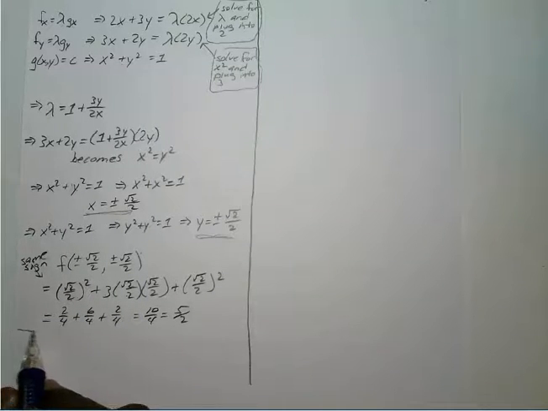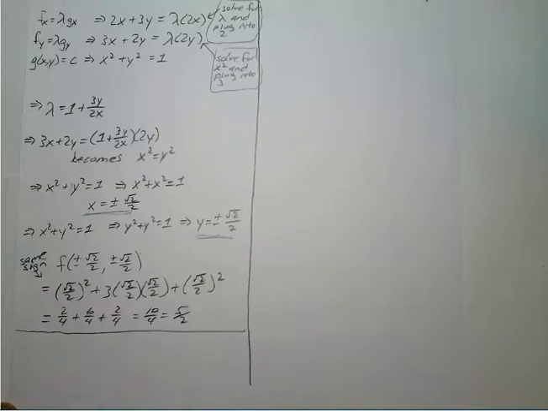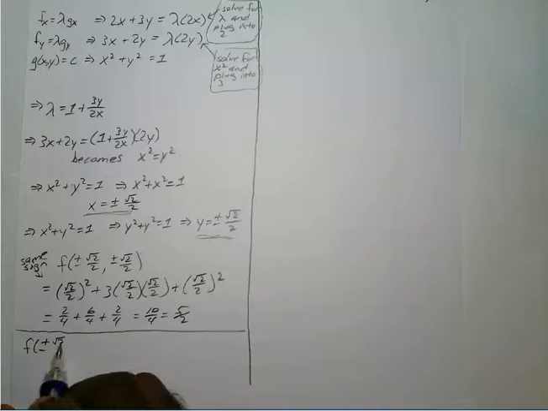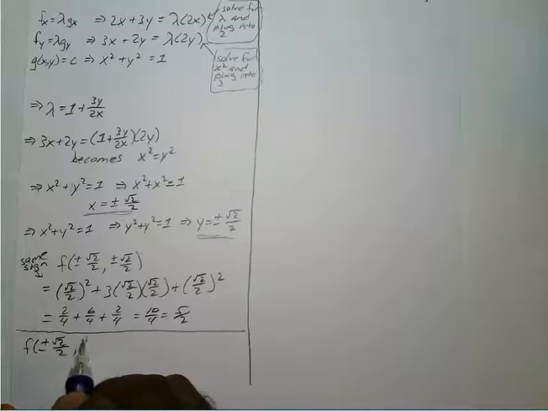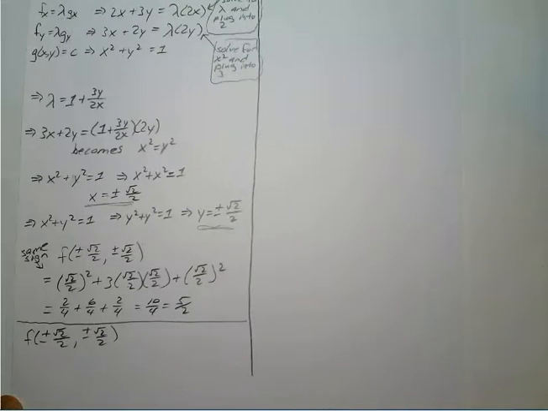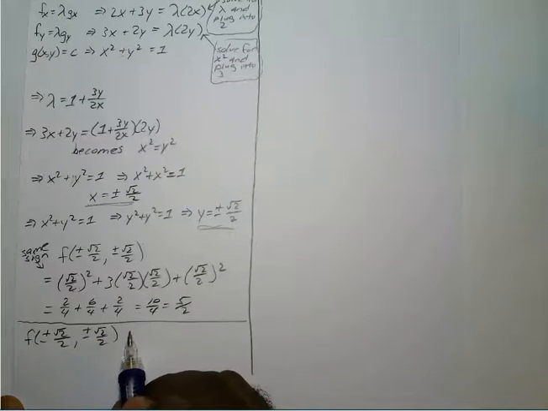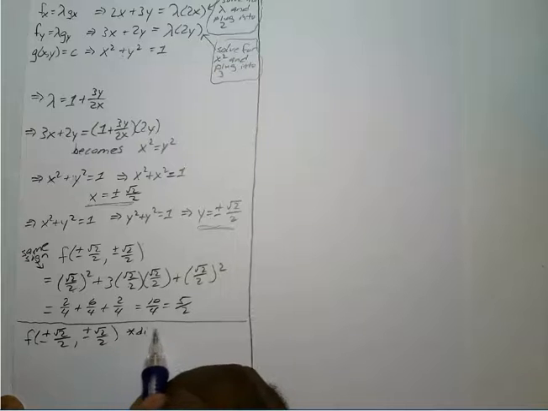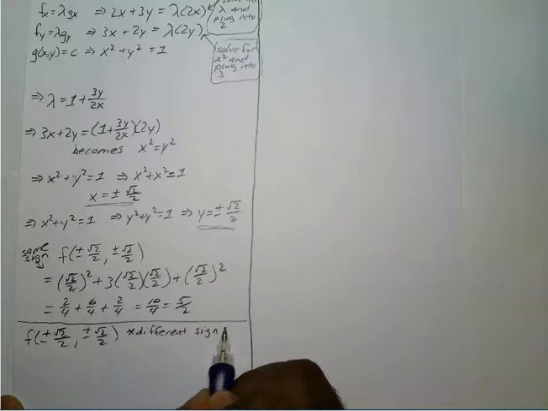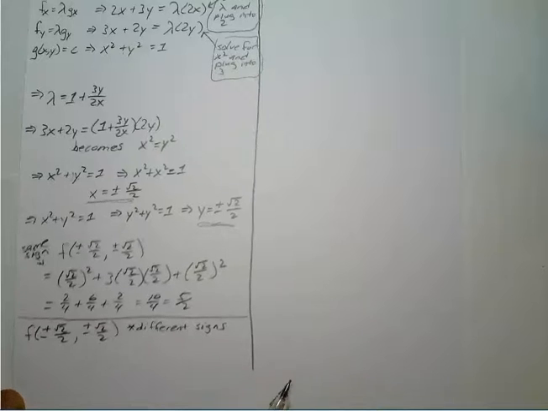We just draw a little line separating that. Plus or minus square root of 2 over 2, plus or minus square root of 2 over 2, with different signs. One's positive and one's negative.